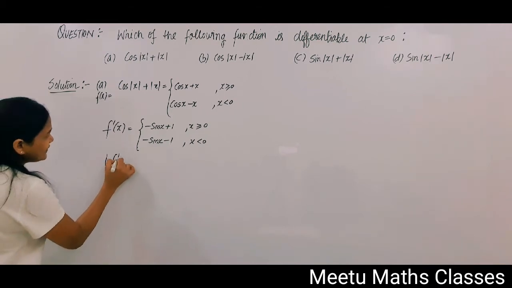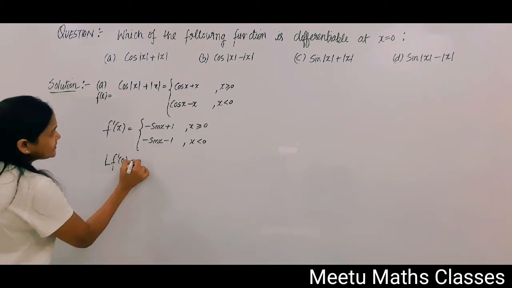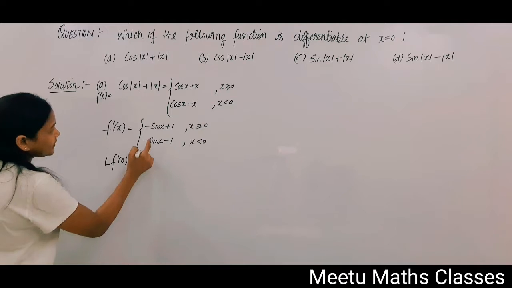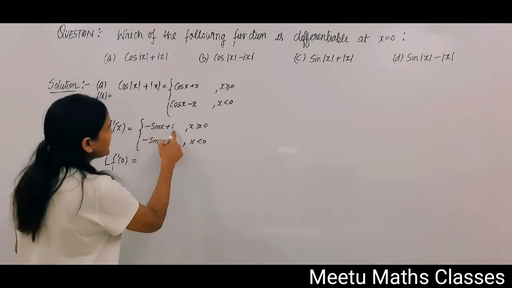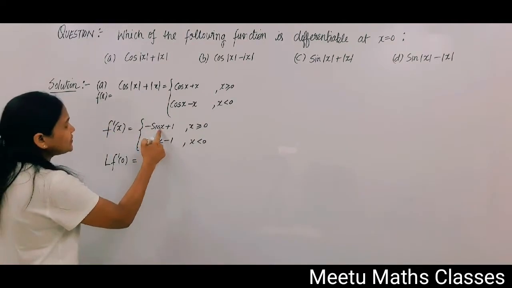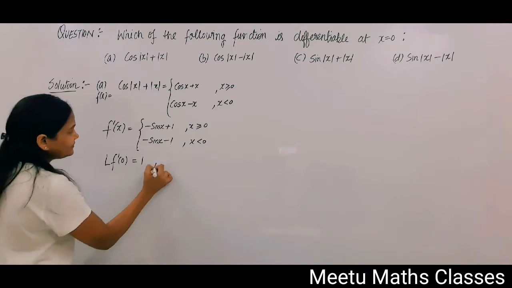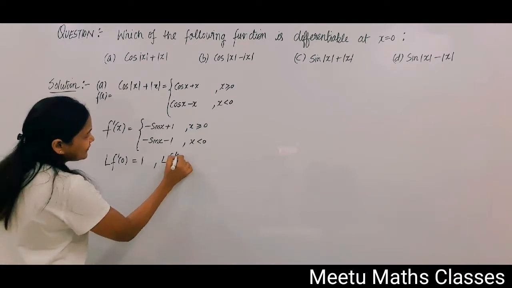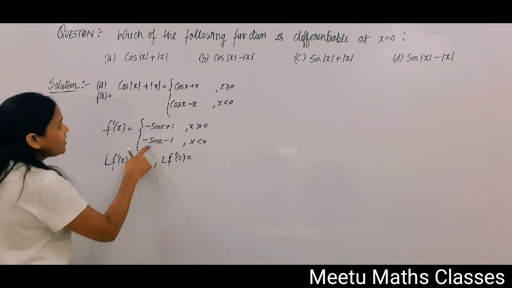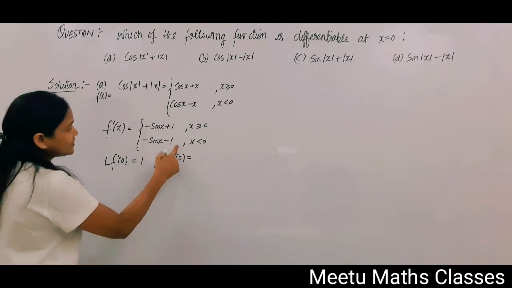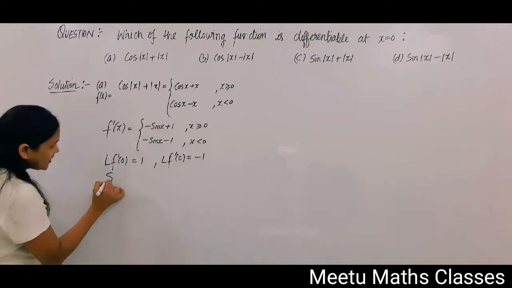So left hand derivative will come from this function, sin 0 is 0, so it will be equal to 1, and right hand derivative at 0 will become, this will become 0, so this is minus 1.